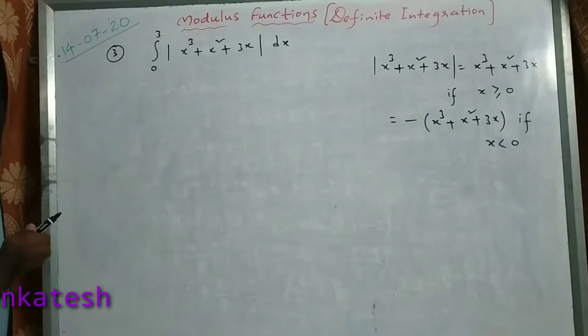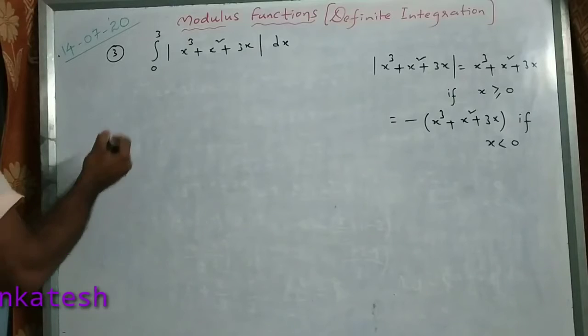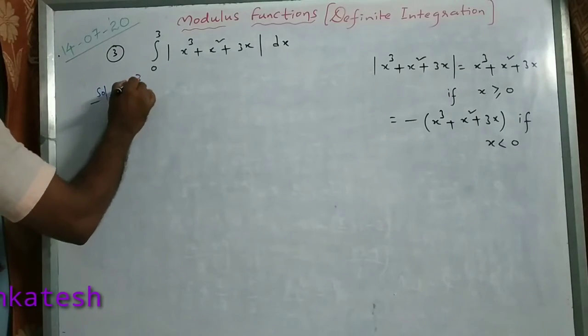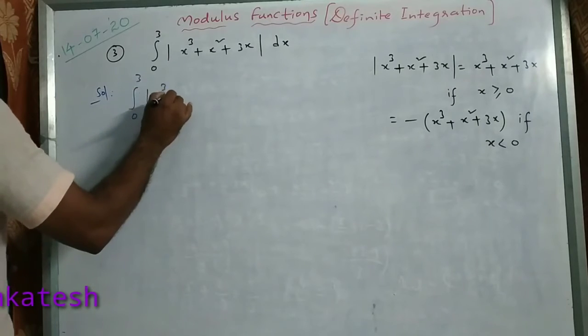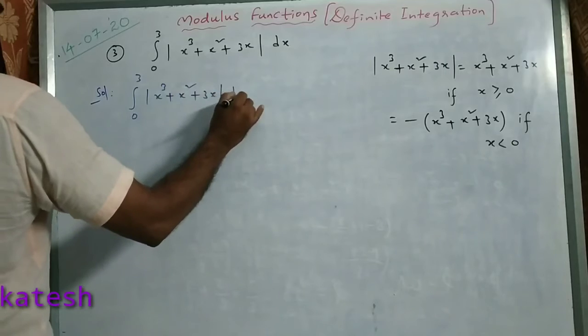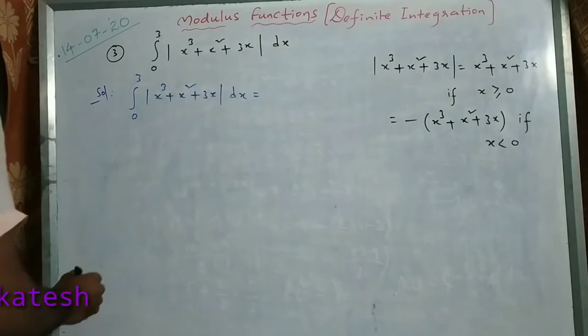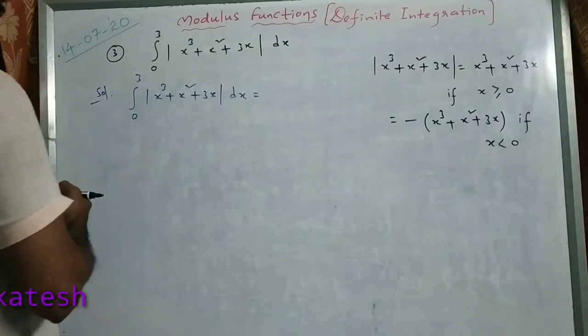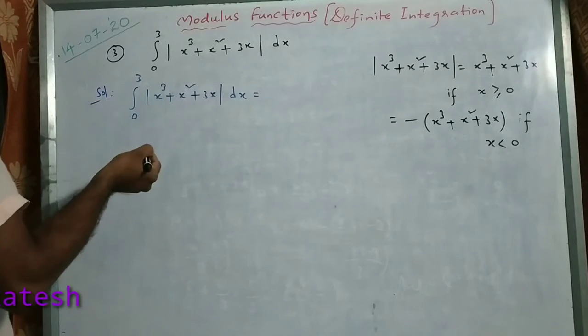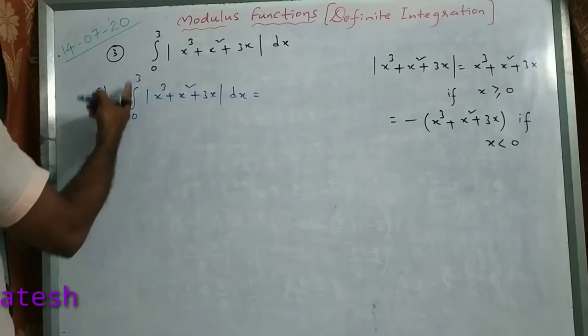So what will you get here? Integral 0 to 3 mod x cube plus x square plus 3x dx equals, between 0 and 3 means x value is above 0 always, right? x value is above 0.